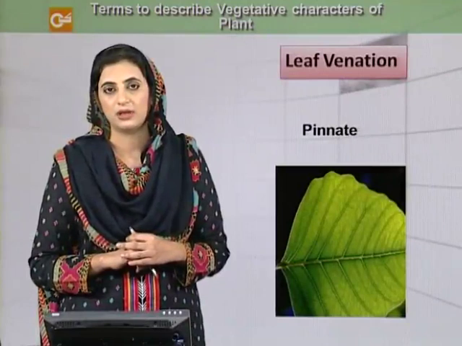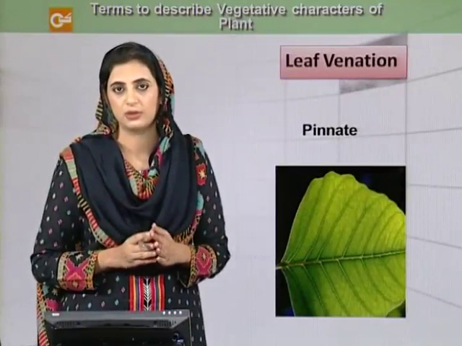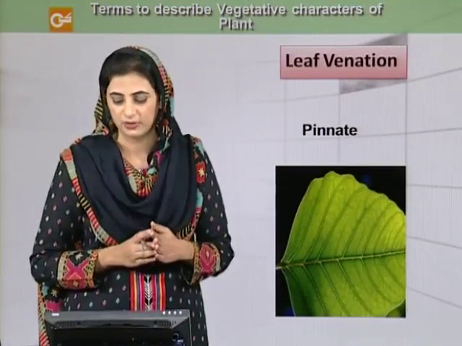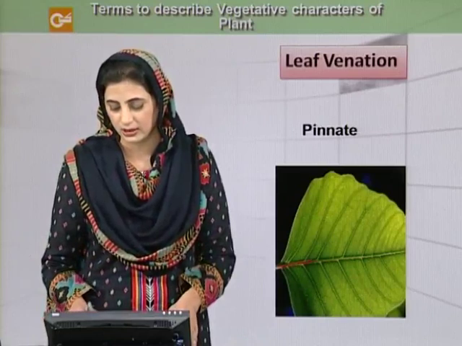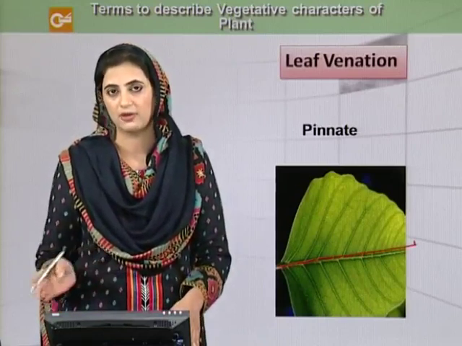And then we have different types of leaf venations, and of course different terms to denote those venation patterns. Number 1 is pinnate. We can see here that there is a single primary vein, and it looks more like a feather.